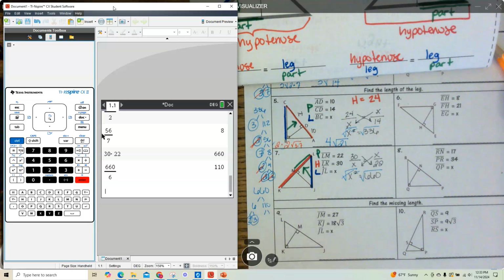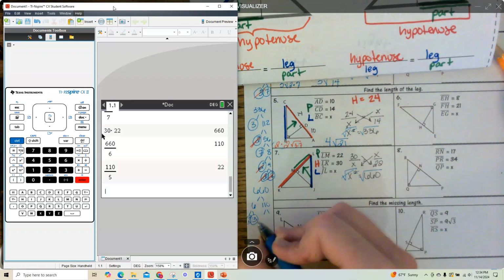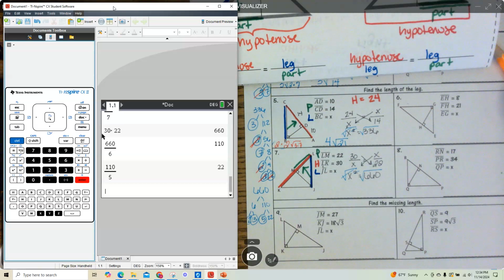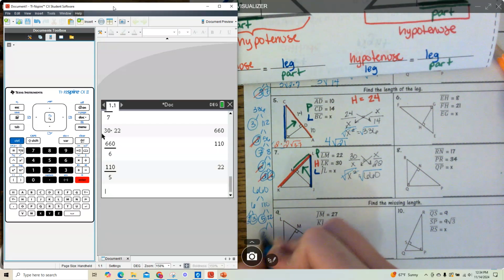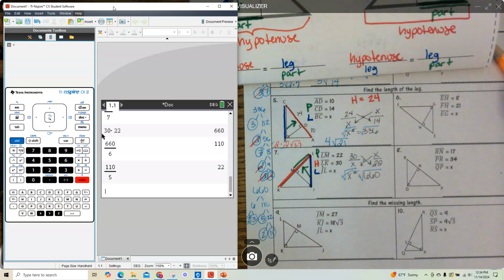What about 110? What can I multiply together to get 110? Or what can I divide into 110? 5. Okay. There's no hard and fast rule what number you have to divide in there. All right, what can I divide into 22? 11 and 2. Both are prime. Again, look at the blue numbers. If it's blue, it's prime.